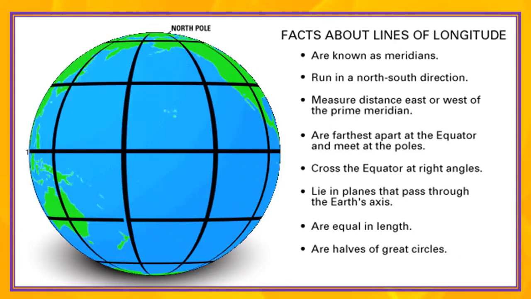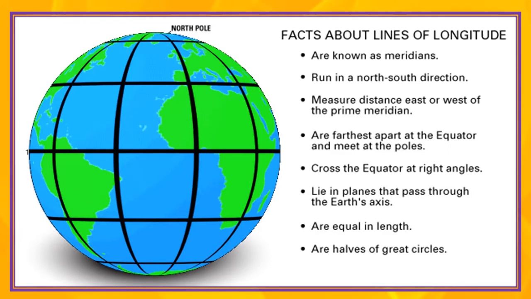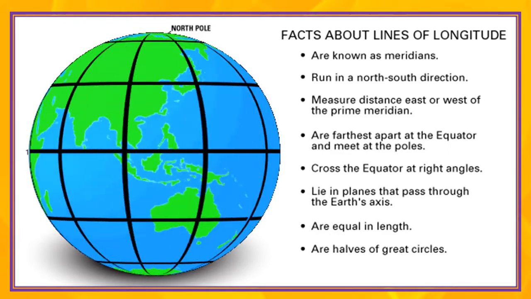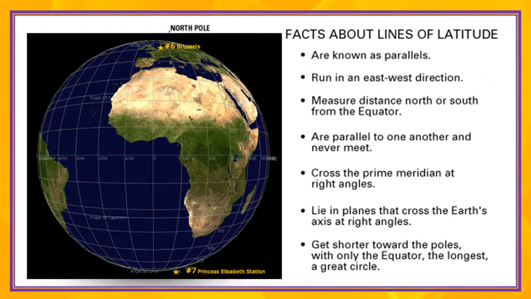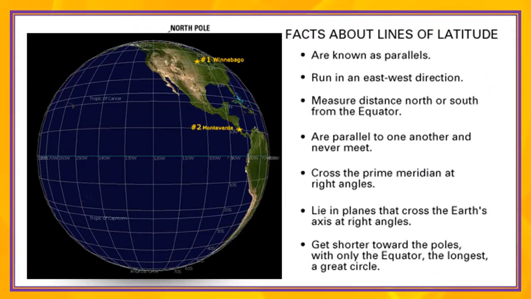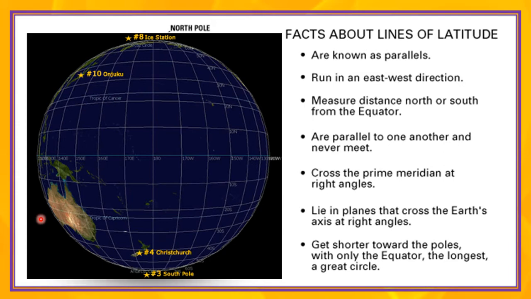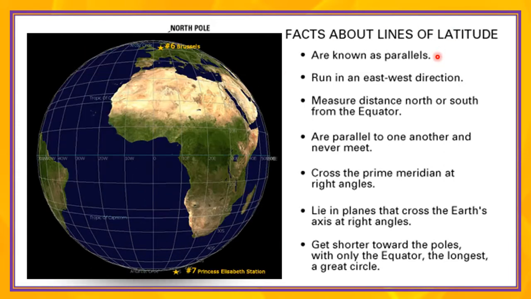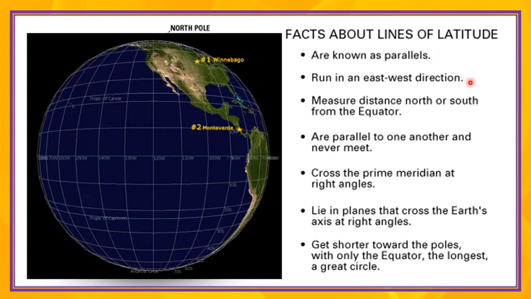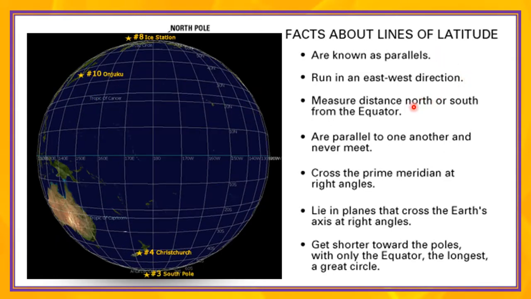Now let's read about facts of latitudes. Next class, let us read about some facts about lines of latitude. Lines of latitude are known as parallels, run in an east-west direction.